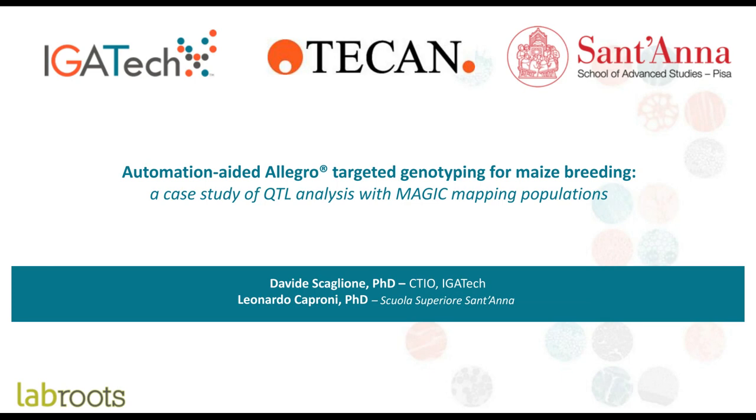Yes, I would like to add something related to the first question that Davide answered. So why using target genotyping and not whole genome sequencing approaches? Looking at our population, when you're using recombinant inbred lines, of course, it would be extremely good to perform whole genome sequencing on the whole set of recombinant inbred lines.